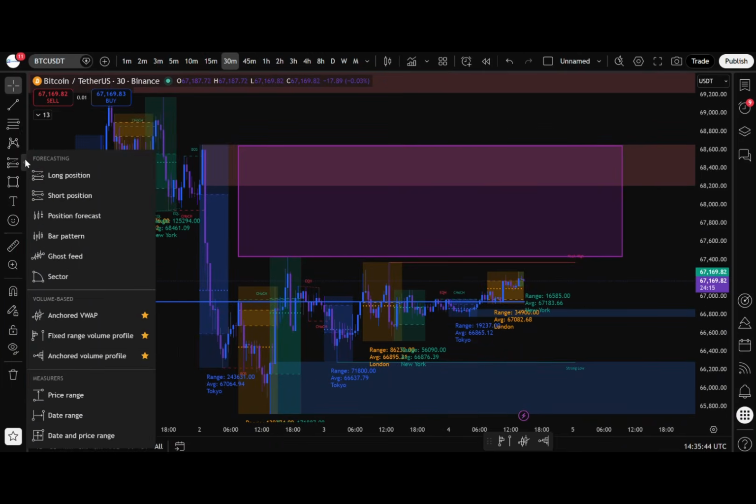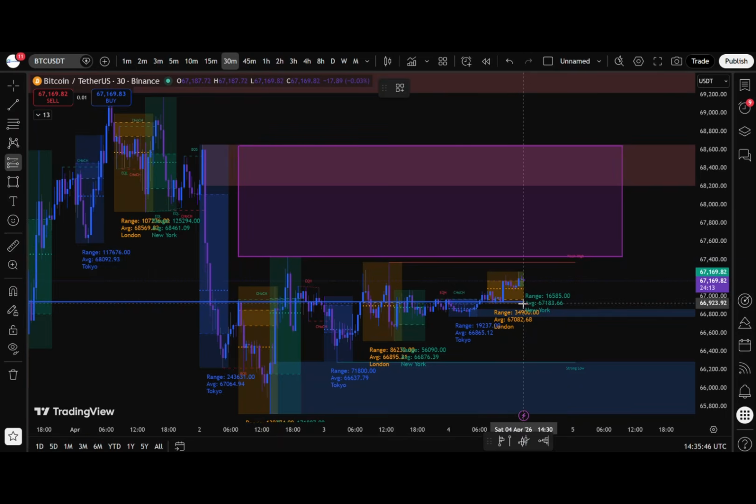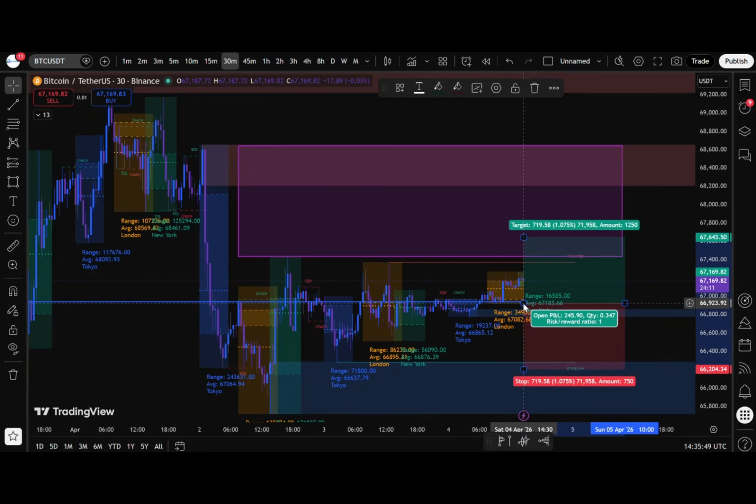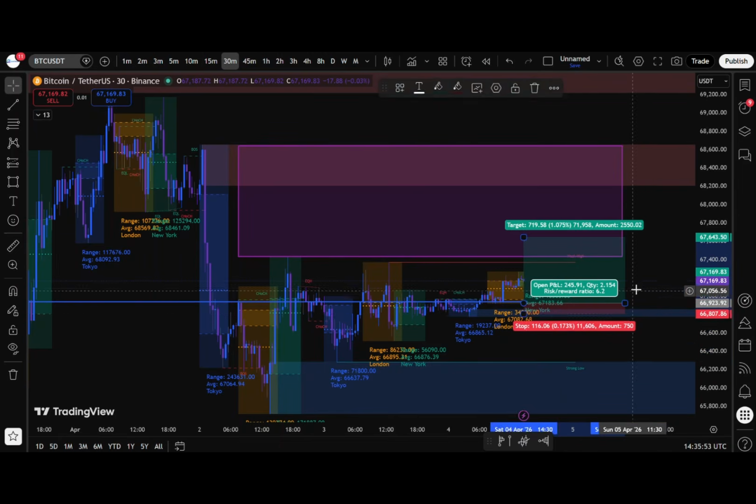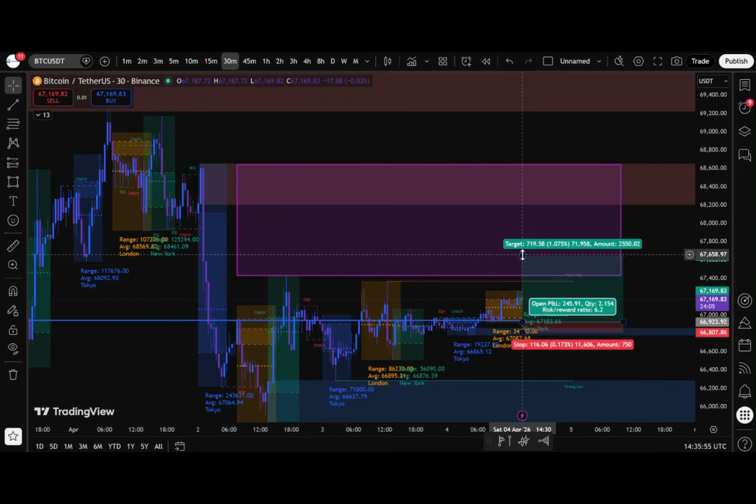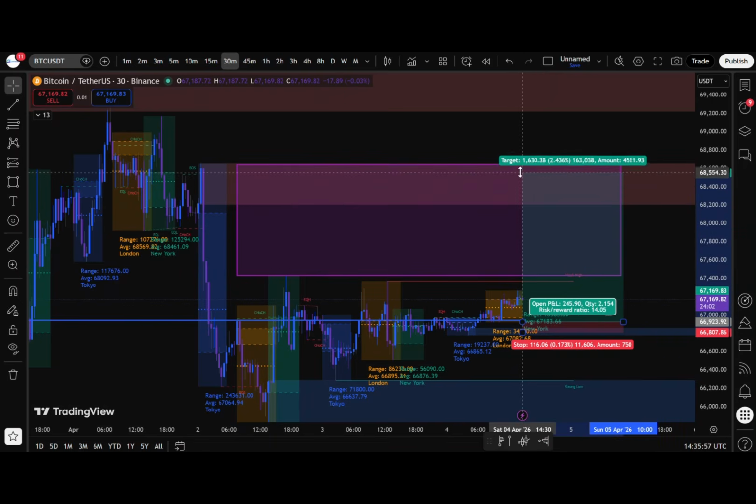So the point I'm trying to make here is, and that's why I took this trade that I am in currently with a very tight stop, to fill these inefficiencies and get into this order block.